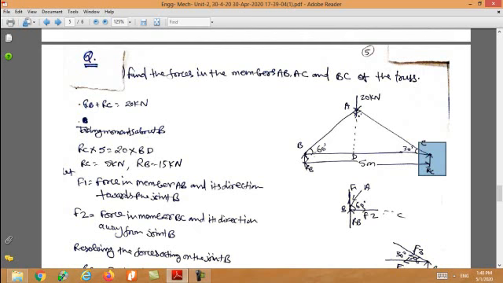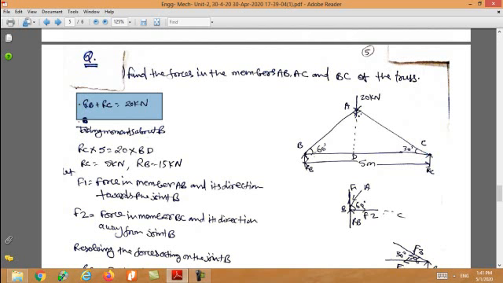So our first aim is to find the reactions at B and C. So RB plus RC is equal to 20 kilonewton. Summation of all forces in the vertical direction will be 0. Because in this problem there is no horizontal force, the summation of horizontal forces will not exist here. So only the summation of all forces in the vertical direction will be 0.